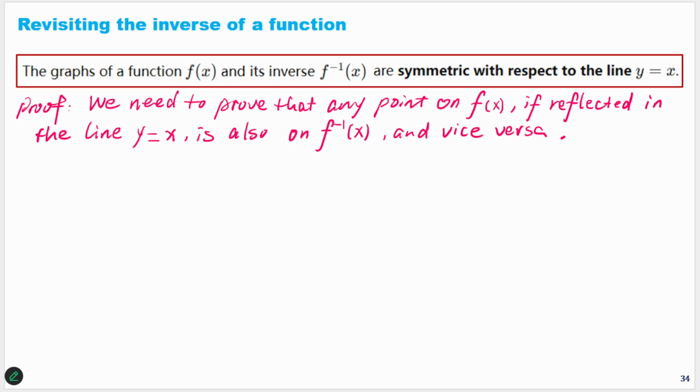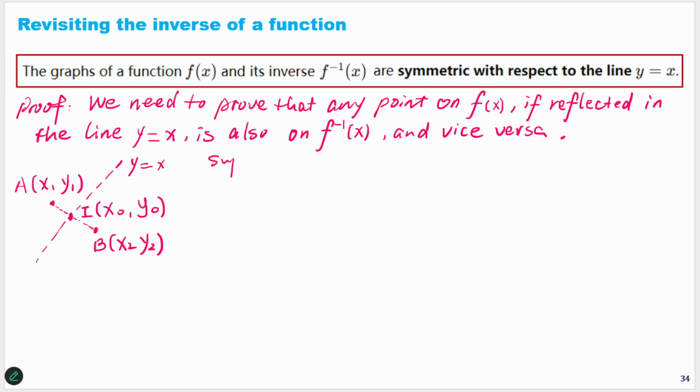And let's draw some variables here. Let's say this is the line y equals x, and suppose we have a point A here. Coordinates are x1, y1. Then we want the reflected point in the line y equals x, whose coordinates are x2, y2. That's point B. There's also a point of intersection. Let's call it point I, whose coordinates are x0 and y0.